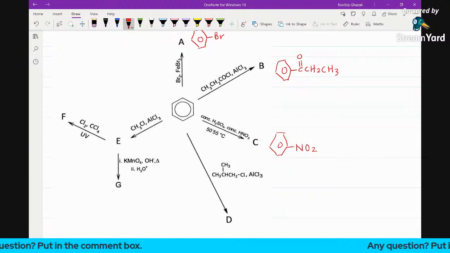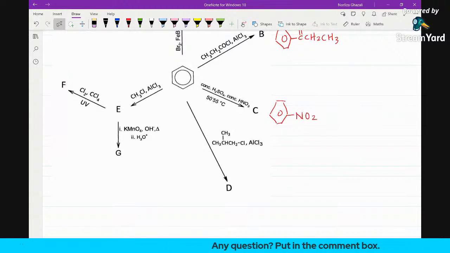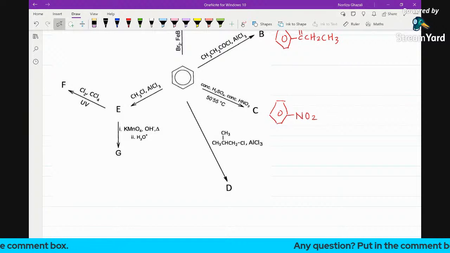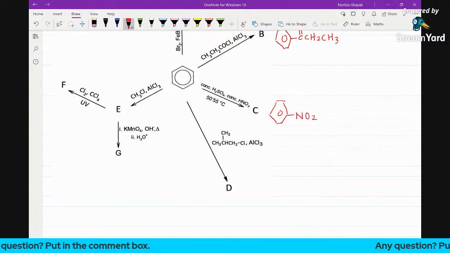Okay, and then comes reaction D. We have haloalkane with catalyst AlCl3. This one we use a primary haloalkane. Remember, it may undergo rearrangement.